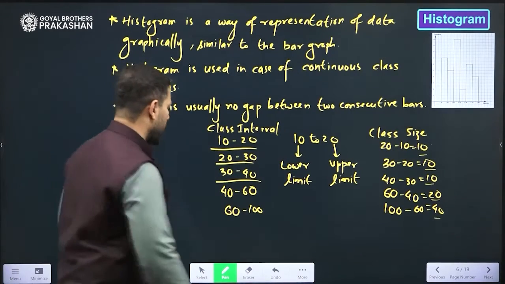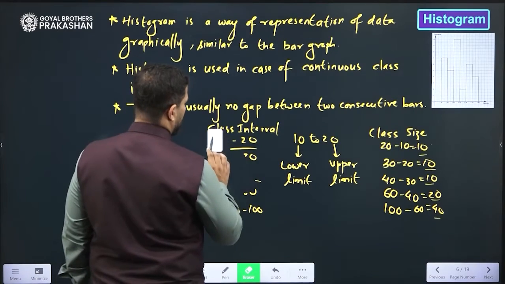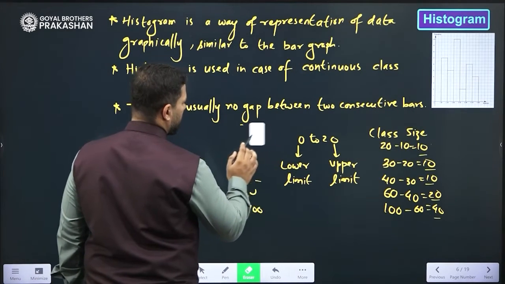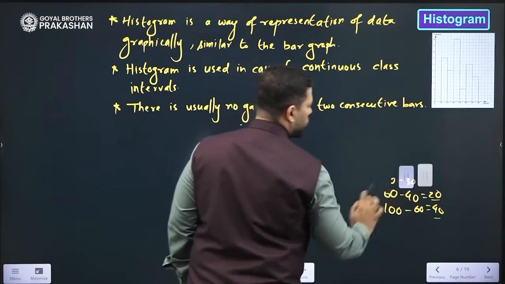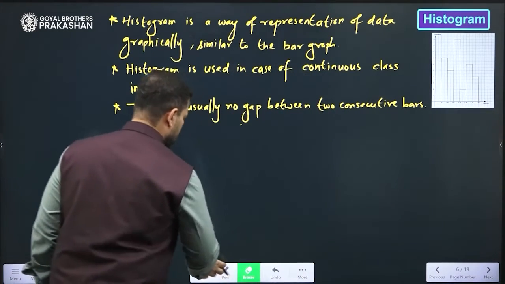That means histogram is also of two types. Let us write that. Let us just first erase this part. So a histogram is of two types.